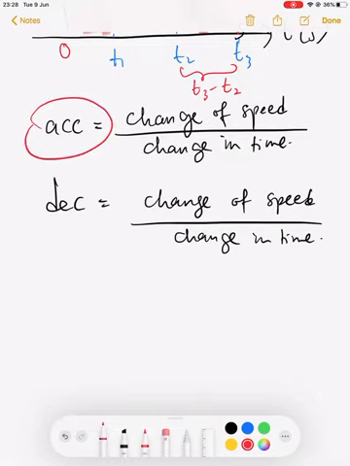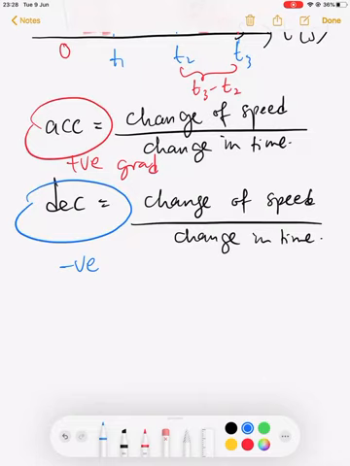Here, positive gradient, and here is when you get the negative gradient. So let's try a simple example.